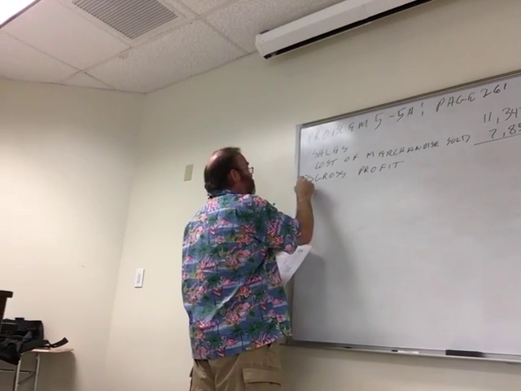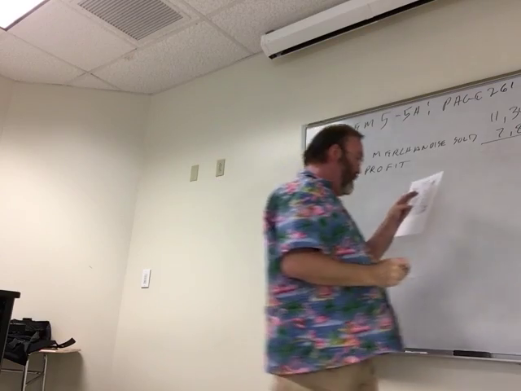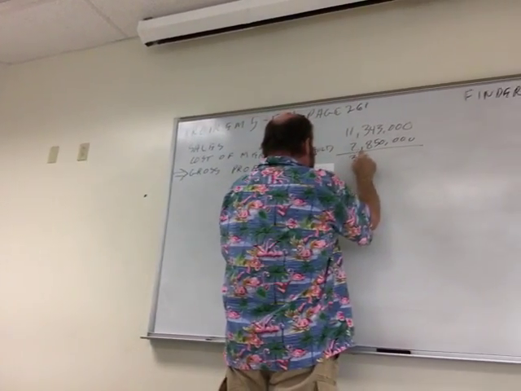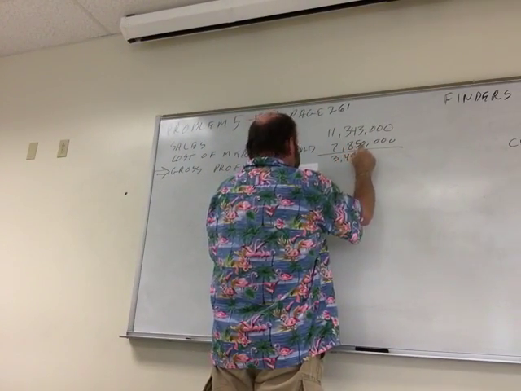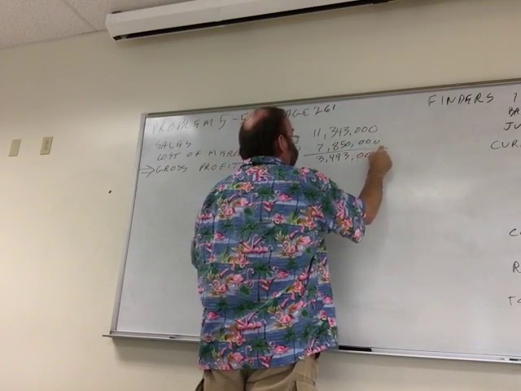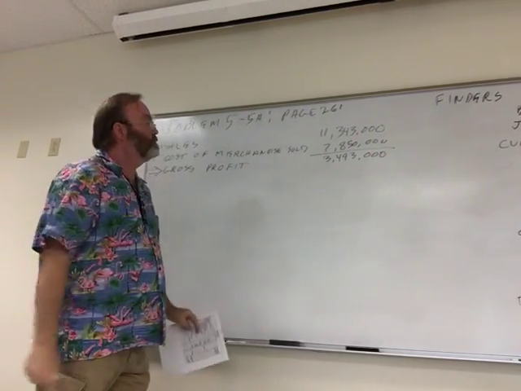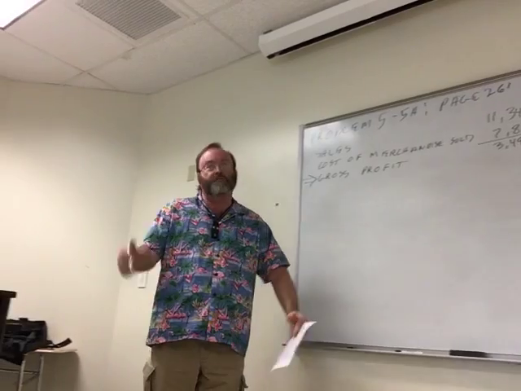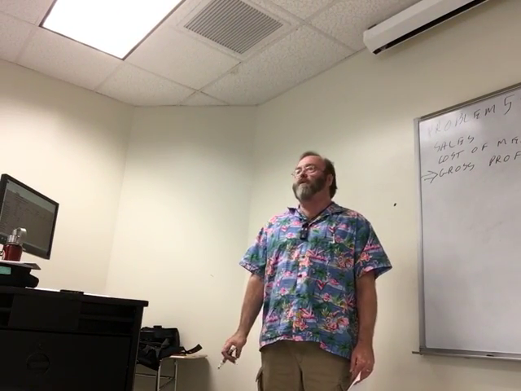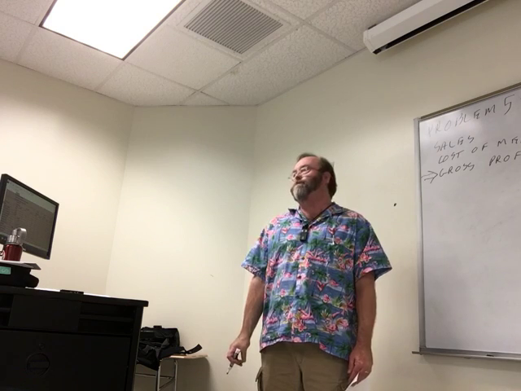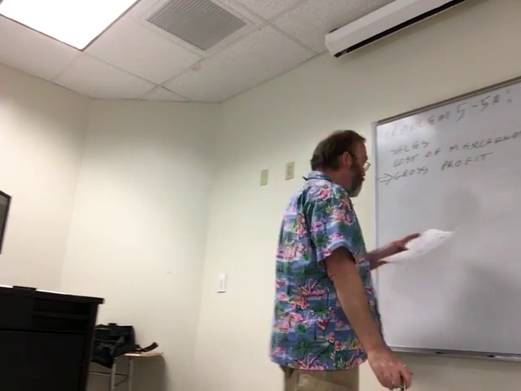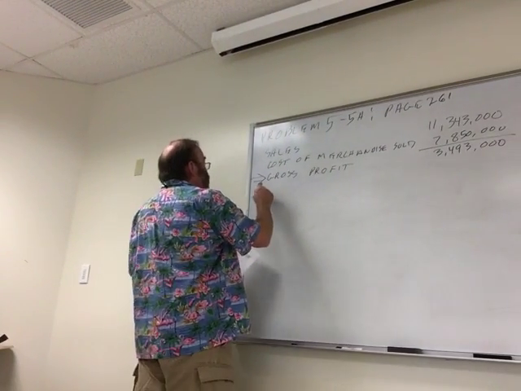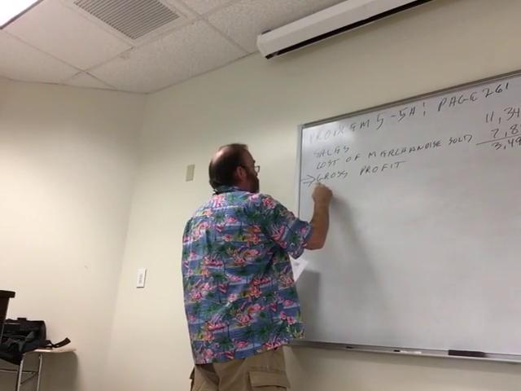So that's the first of the steps. And in this case, that's $3,493,000. That's what they're making on the direct products that they buy and sell. From that, we're going to deduct operating expenses.